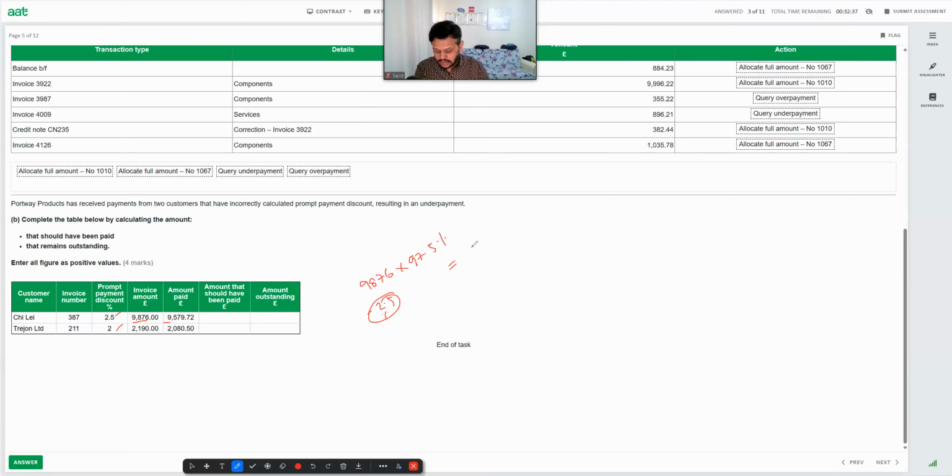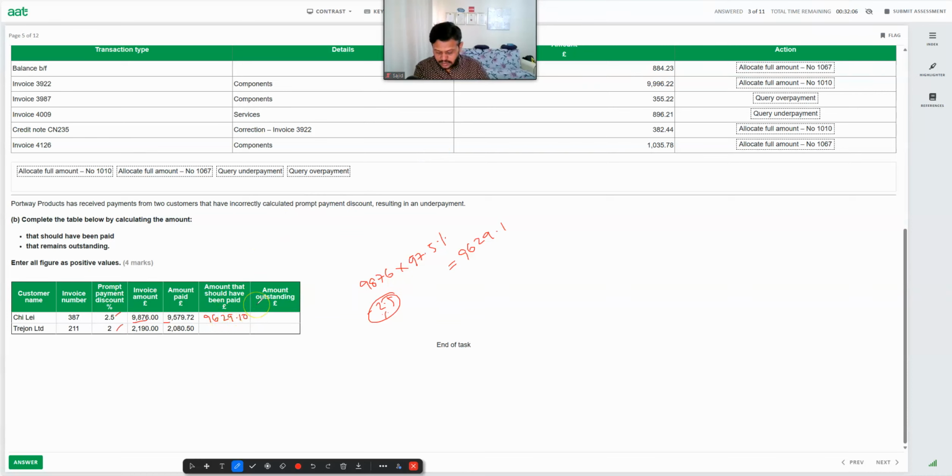So we do 9876 multiplied by 97.5%, and that should be 9629.1. So the amount that should have been paid is 9629.10, but actually the amount paid is 9579.72.